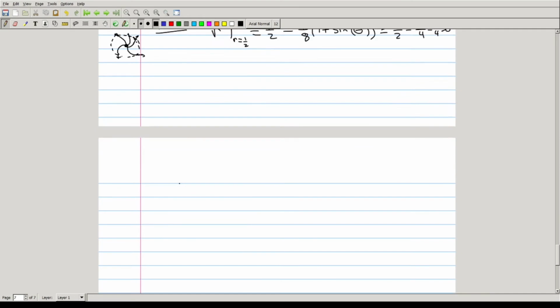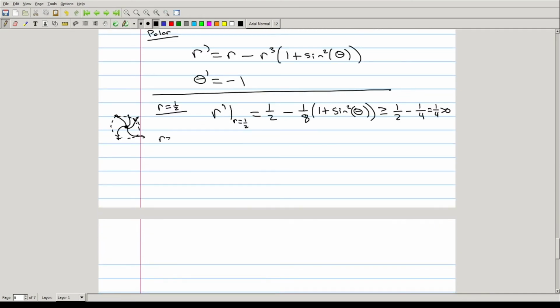Likewise, if we look at a slightly larger radius of 1.1, and do the same procedure, we'll end up getting that r prime is 1.1 minus 1.331 times 1 plus sine squared of theta, and the maximum value for this is going to be when sine squared of theta is 0, or sine of theta is 0.